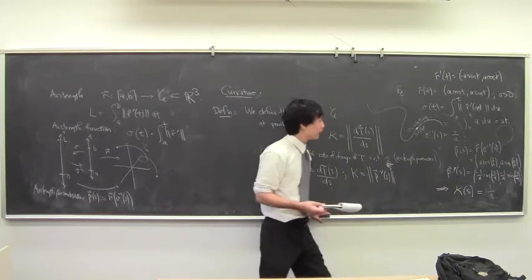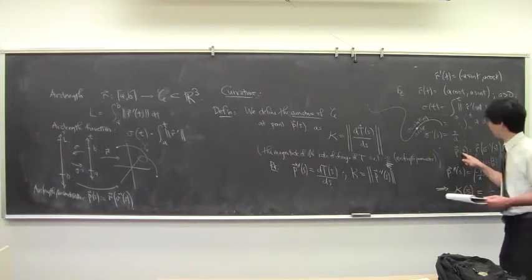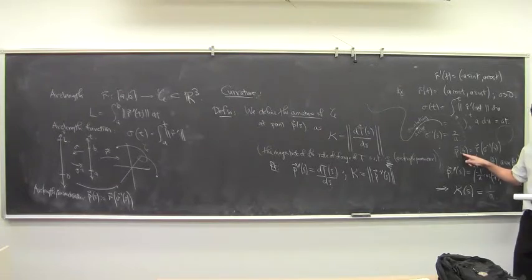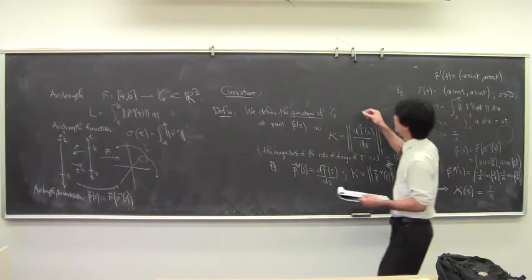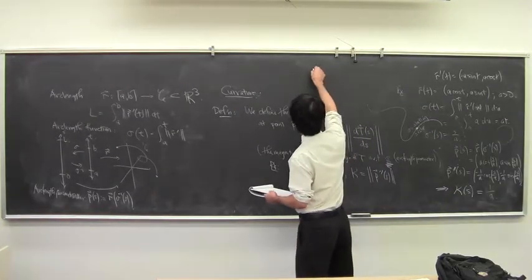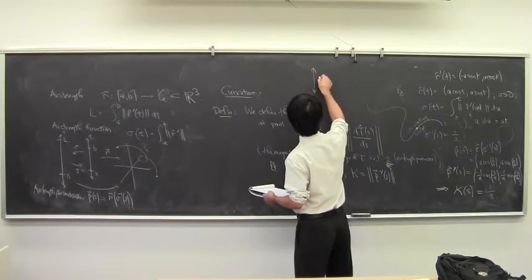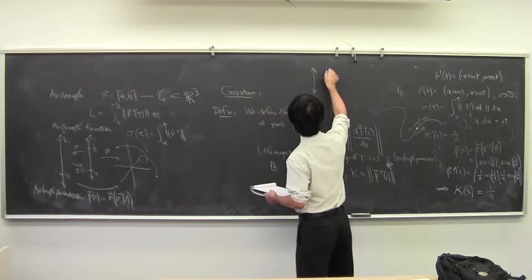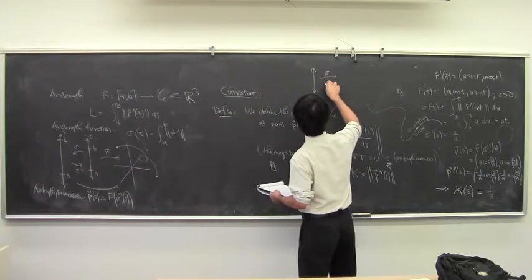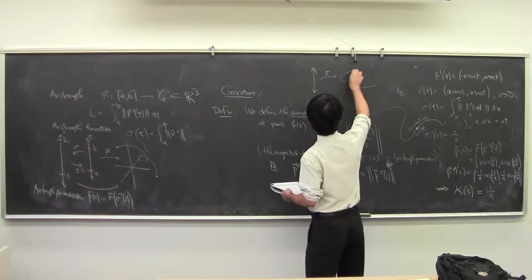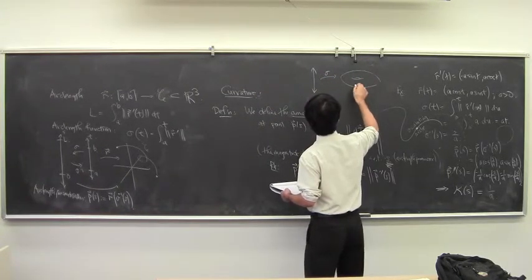Okay, let me make one comment about why we use the variable s rather than t. Suppose I have some function sigma going from here onto, say, a donut.